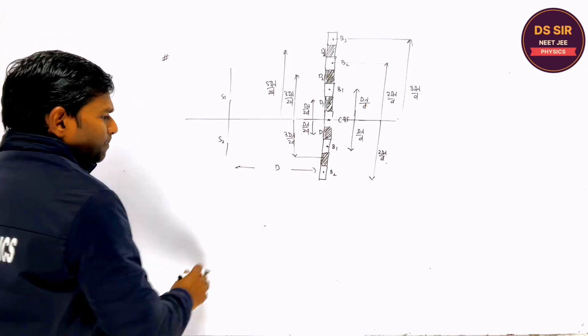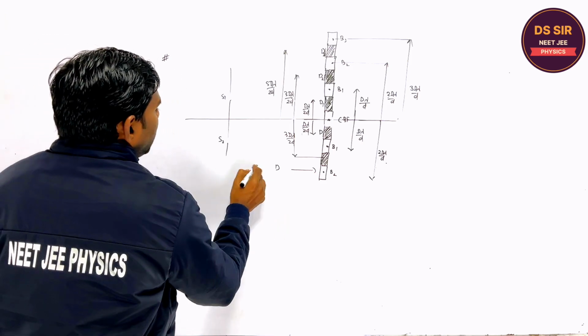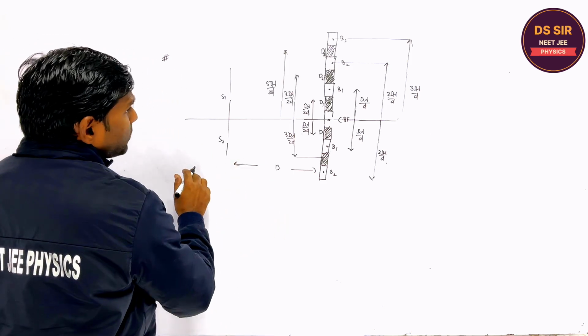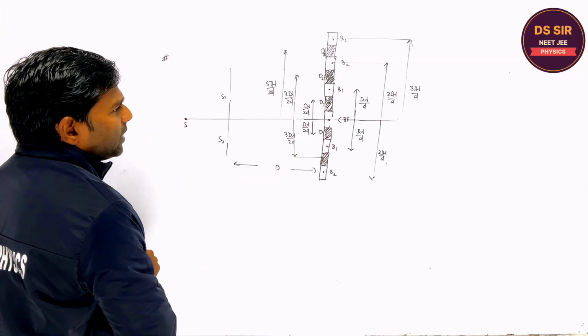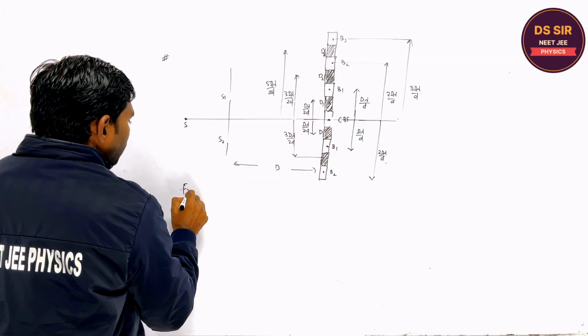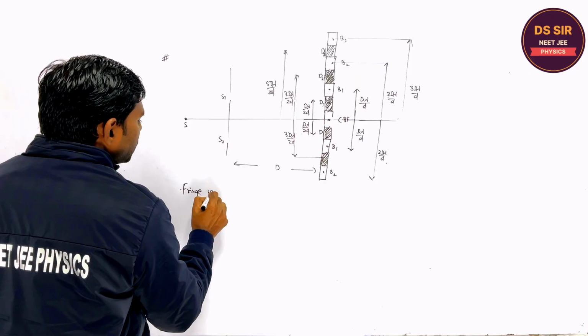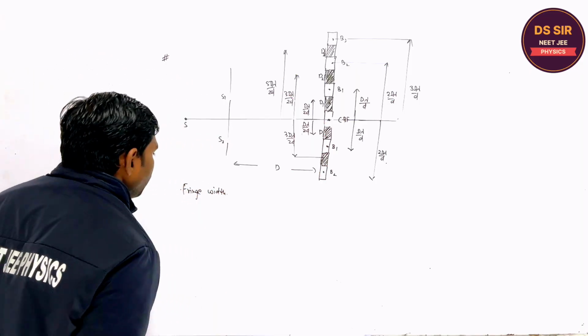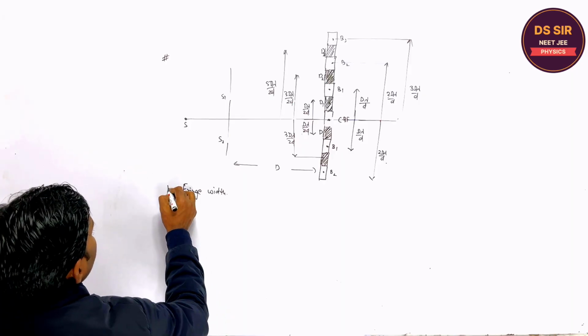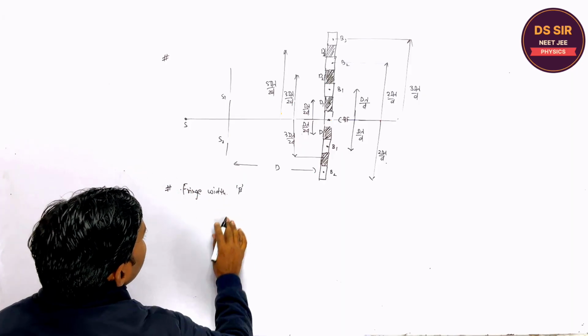So listen one more thing. If you consider this is the source S1 and S2, and the source S is placed over here, we will now define the fringe width. What is the fringe width? Fringe width is represented by beta.